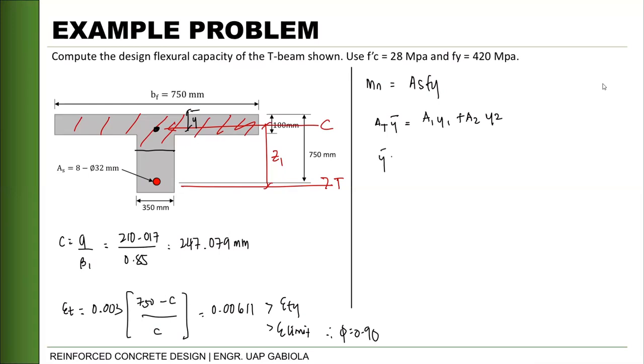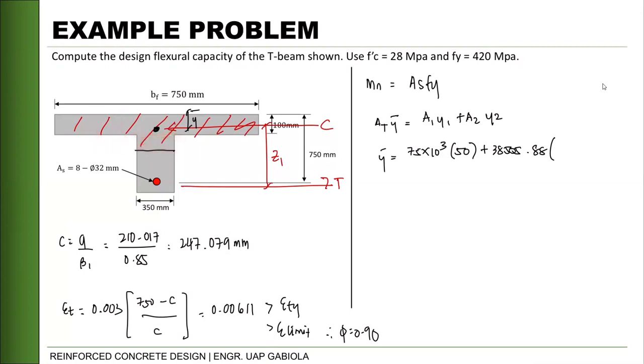So, bar Y is equal to area 1, which we identified as 75,000, the area of the flange. Then its distance to the top is 50. Plus the area 2, the area of our web, which we calculated as 38,505.88. Okay? Its distance from the top to its centroid is 100 plus half of our Z.